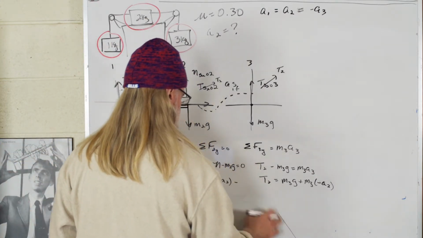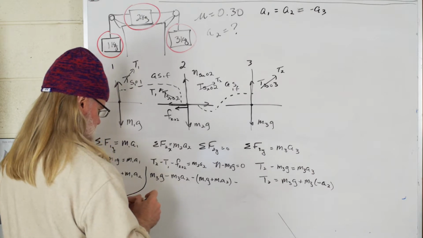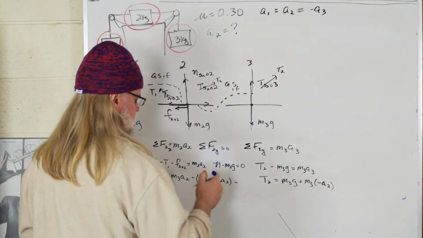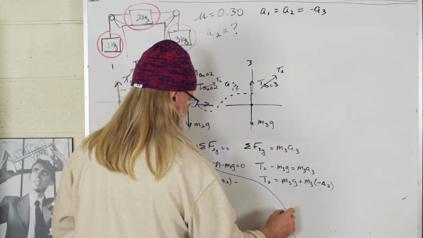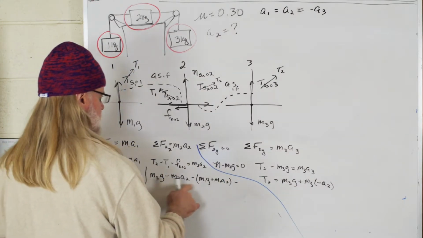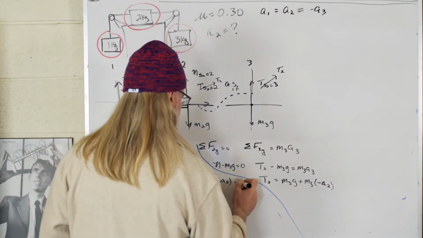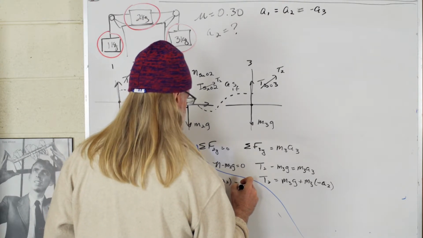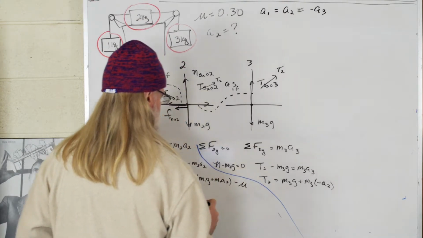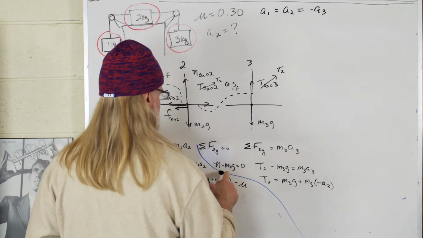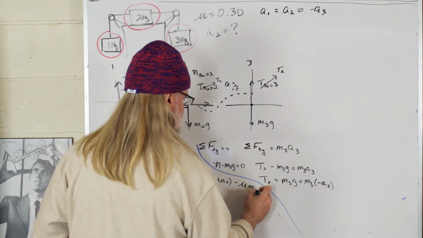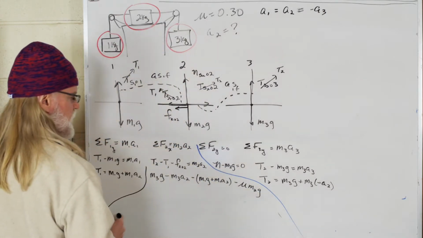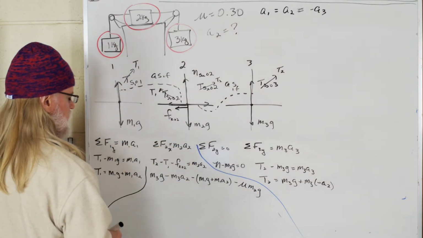Here, let's go like this. All right, so this is T2, this is T1, minus friction. This is kinetic friction, so it's going to be mu times the normal force, but the normal force is just M2G in this case.